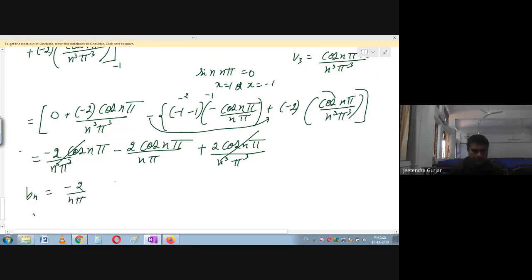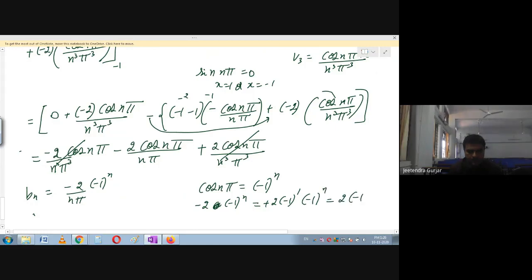You remember the formula, cos n pi is equal to minus 1 raised to n. I am going to write this as minus 2 times minus 1 raised to n, or I can write it as plus 2 times minus 1 raised to n plus 1.